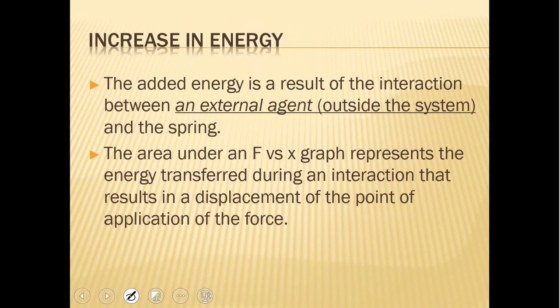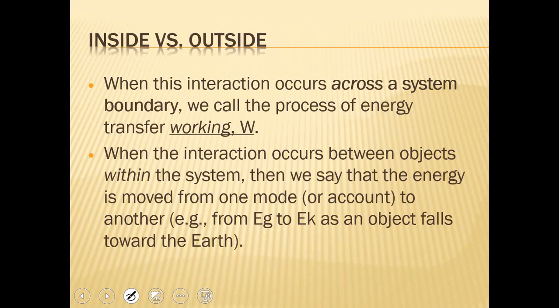So something outside my spring system had to cause that thing to stretch. When that interaction occurs across a boundary line, we call the process of energy transfer working, or W.